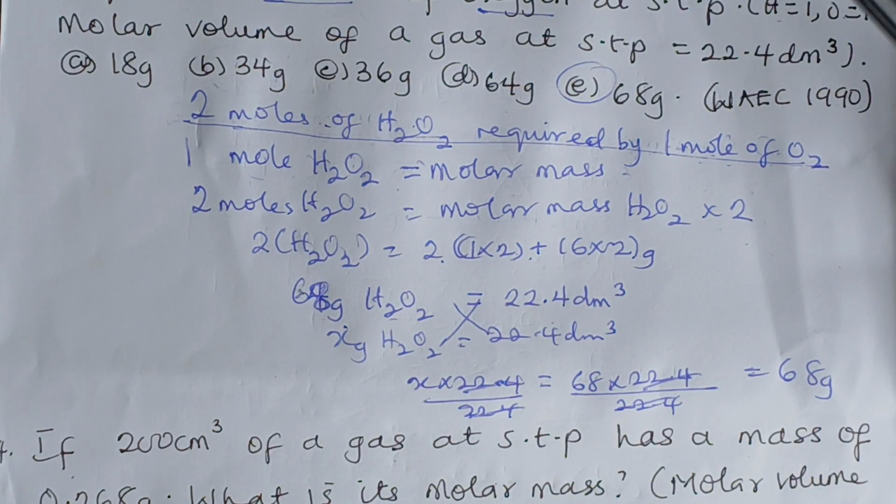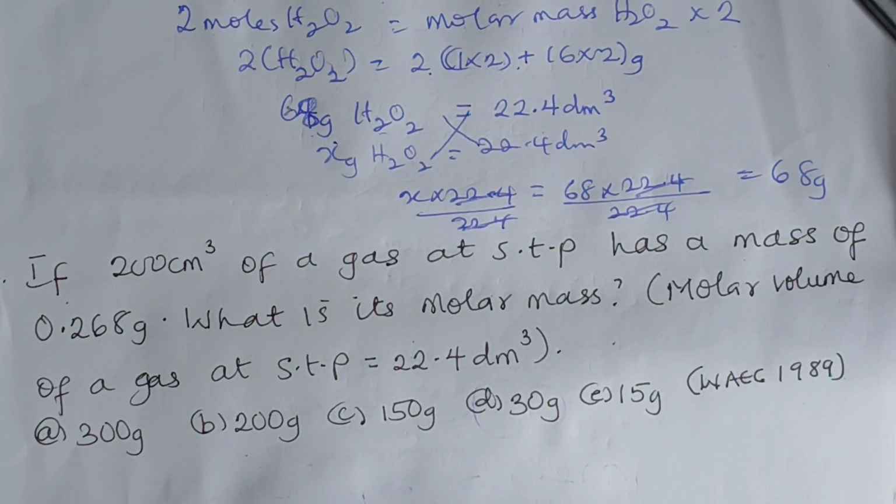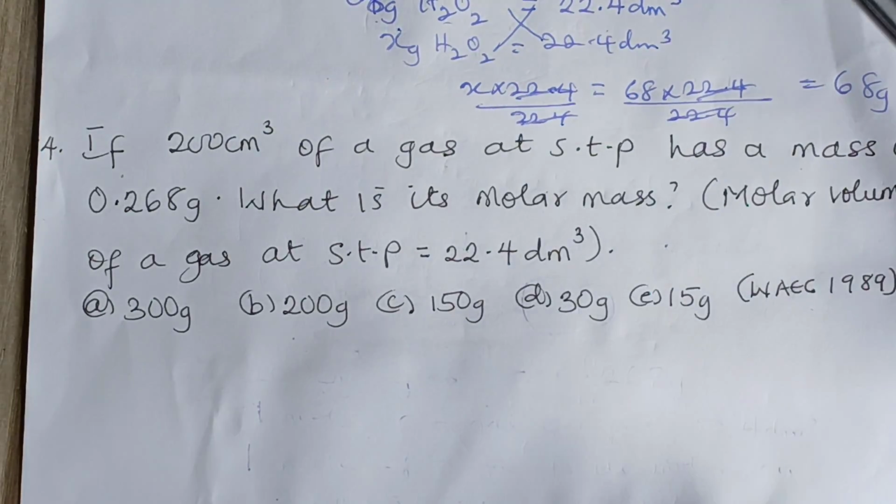The next question: if 200 cm cube of a gas at STP has a mass of 0.268 gram, what is its molar mass? What is the molar mass of that element? Now, molar volume of a gas at STP is 22.4 dm cube, which is a standard that is known.